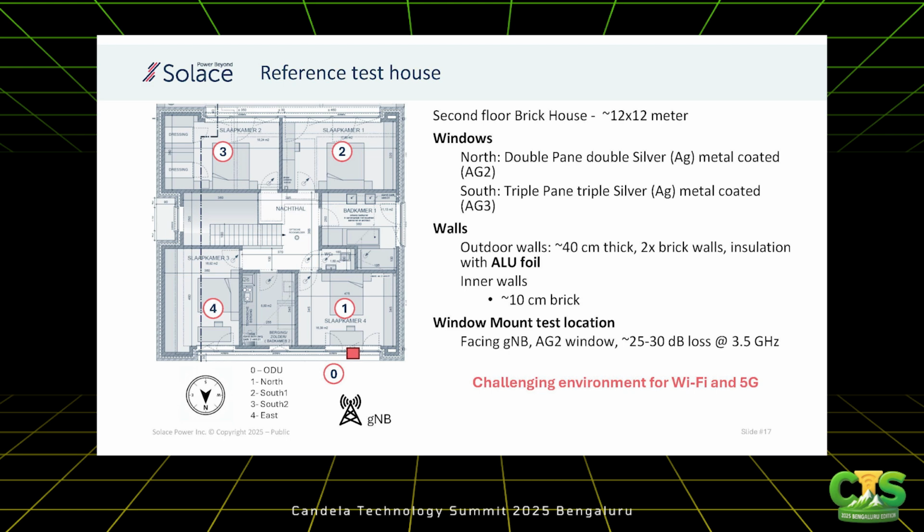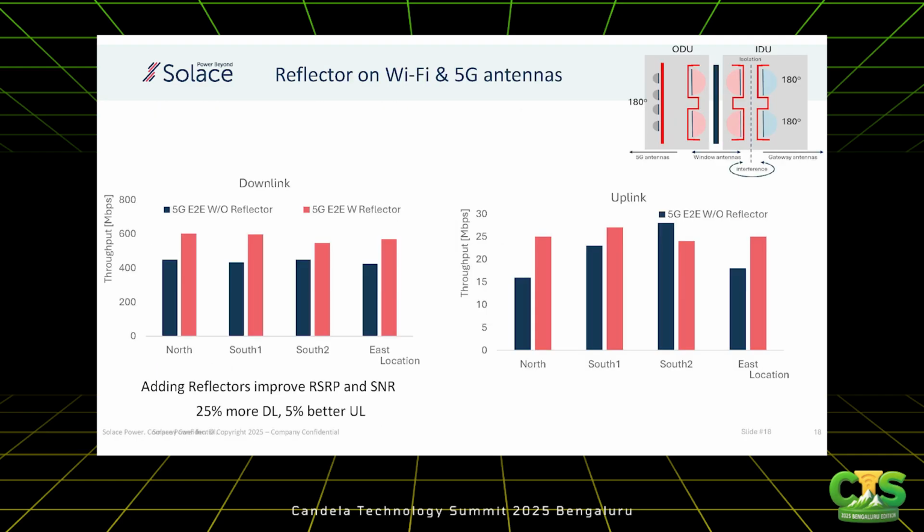And we used this to basically test our 2-box system that I showed at these 4 locations. And what we saw is that by putting those reflectors on the antennas, the red ones that you see here, so these ones are the 5G antennas in the outdoor unit. These ones are the Wi-Fi antennas for the through glass link.